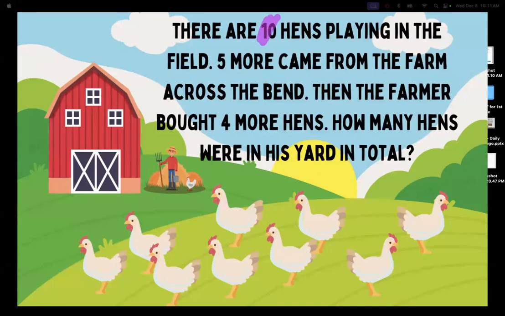There are 10 hens. So the first number we need is 10 because there are 10 hens playing in the field. 5 more come from the farm across the bend.